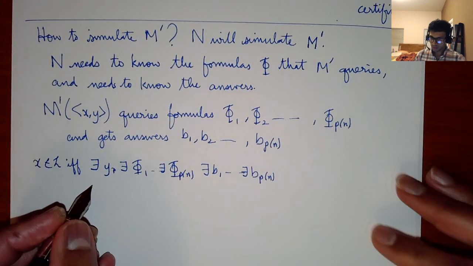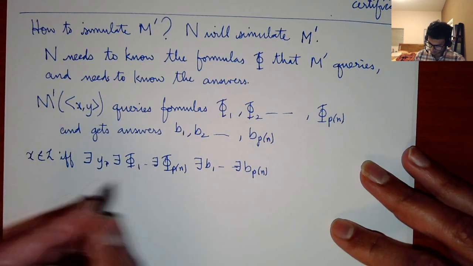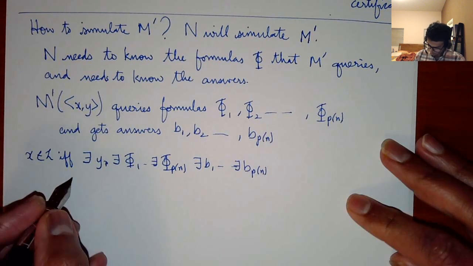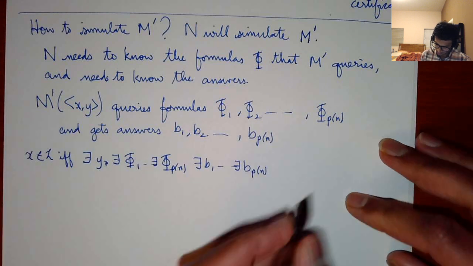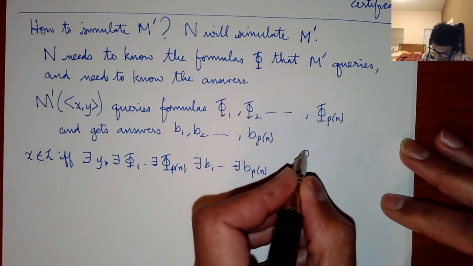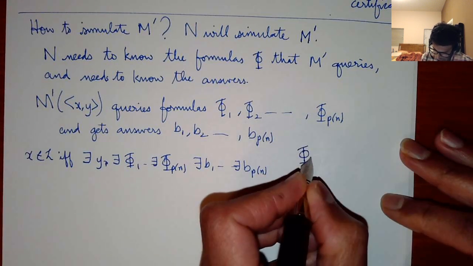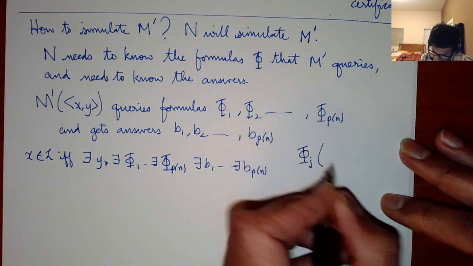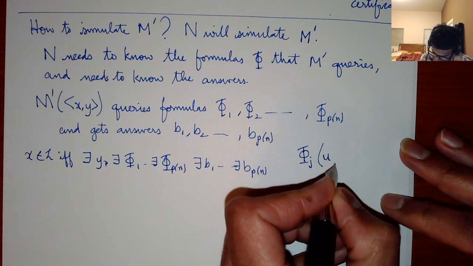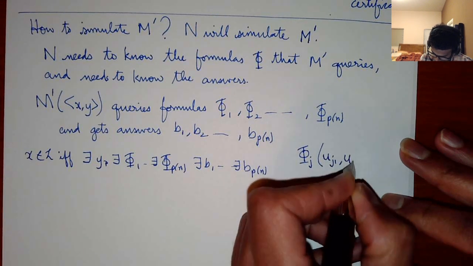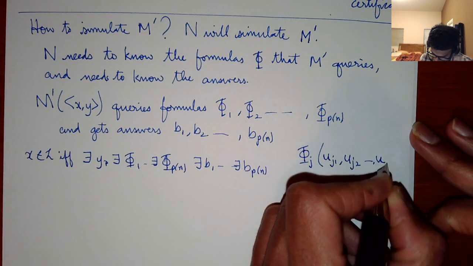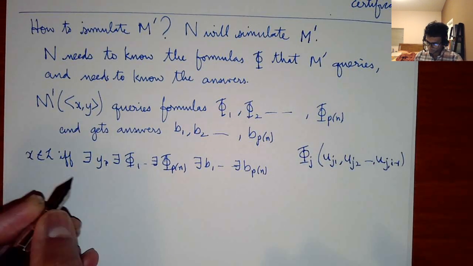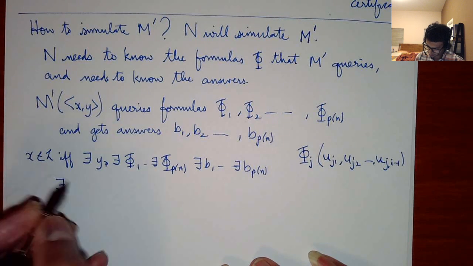So I'm going to do this a little carefully now. And remember, we'll say that phi of j takes as input uj1, uj2 up to uj I minus 1. So I'm going to first guess there exists.